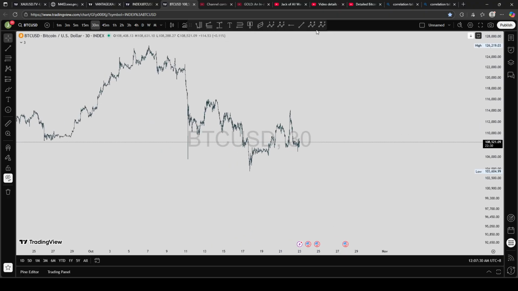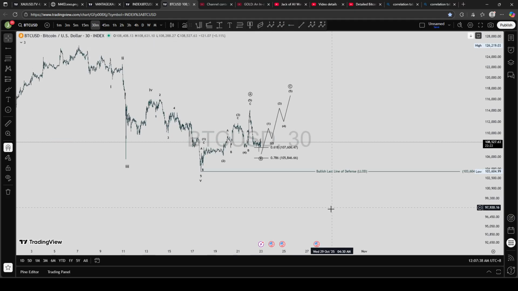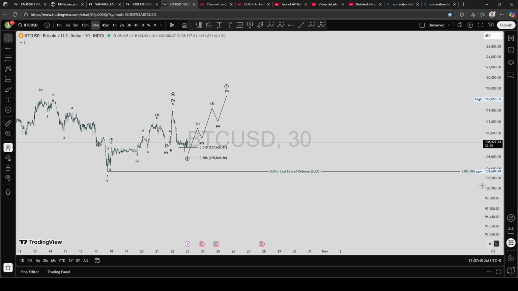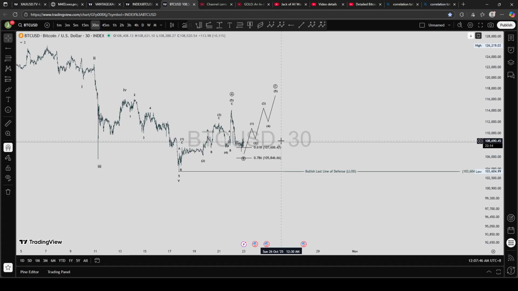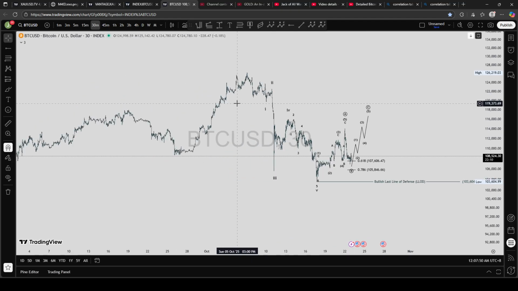If ever the market bounces above this one, the market should not create a new low below 103,604.99 for it to be considered bullish already.